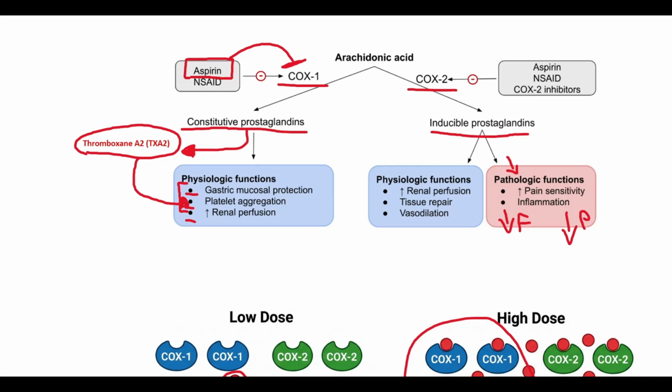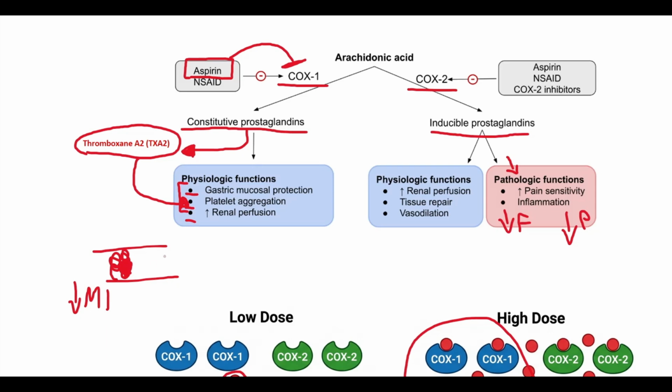And so if we inhibit the formation of this thromboxane A2, we're going to inhibit platelet aggregation. And if we inhibit platelet aggregation, we're not going to be forming clots in our blood, right? This would be your blood vessel, and we're not going to be forming these clots, and therefore we decrease the risk of myocardial infarction and any other cardiovascular disease.